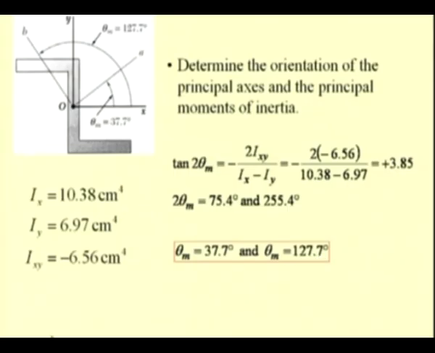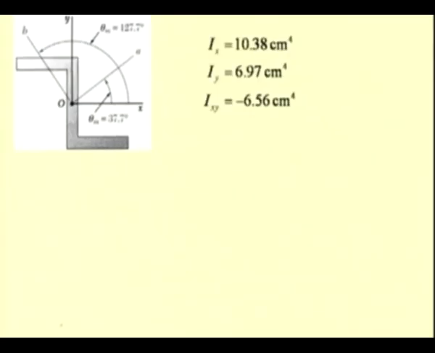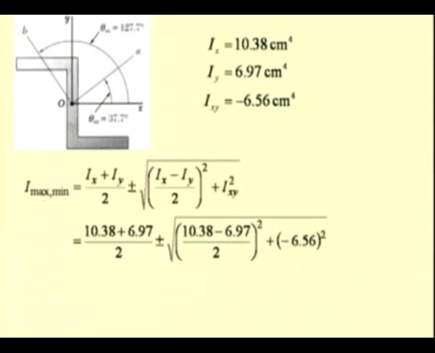Now, we can also determine the corresponding moments, that is the principal moments, from this equation: I max, I min is equal to I average, which is Ix plus Iy by 2, plus or minus the radius of that circle, that is the square root of Ix minus Iy by 2 whole square plus Ixy square.